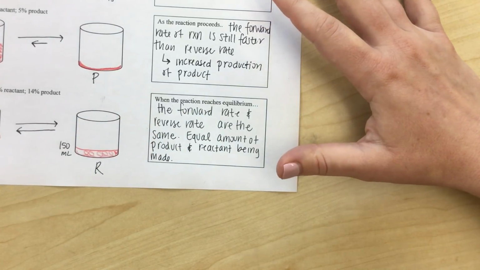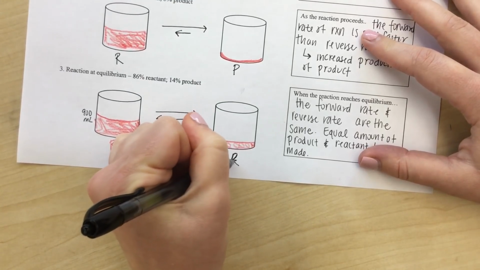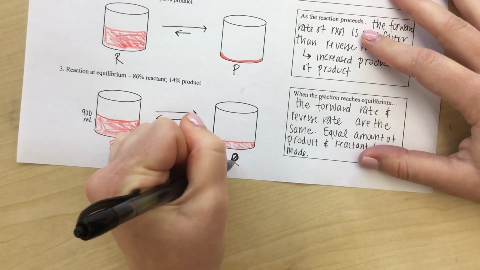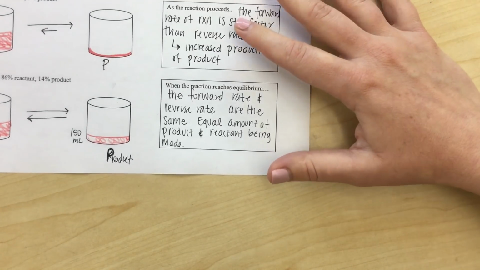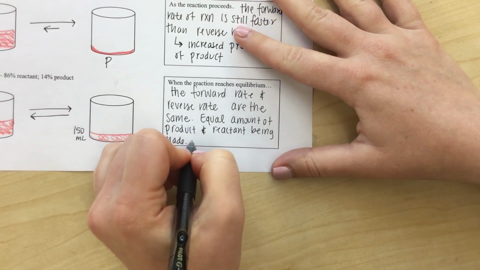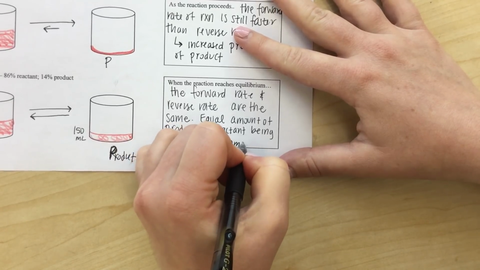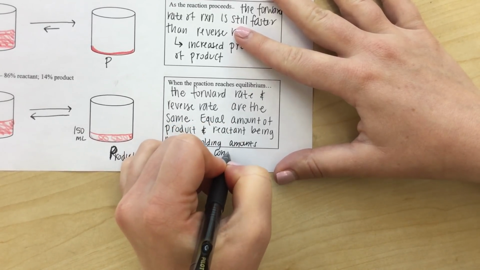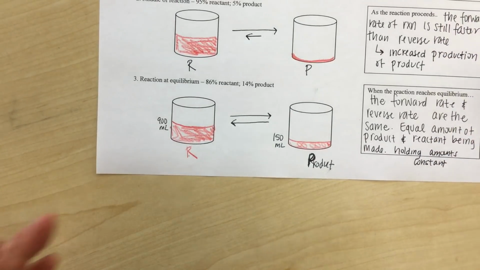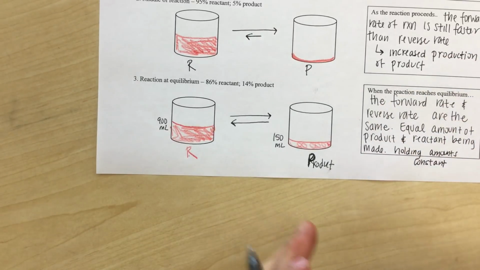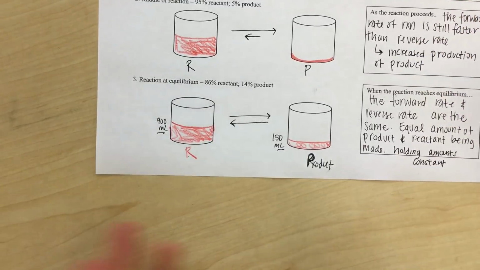This means that the amount of reactant and the amount of product, this should be a P for product, are being held constant. So this is holding amounts constant. Meaning, no matter what I have, I'm always going to have 900 milliliters and 150 milliliters until I shift something in the equilibrium.